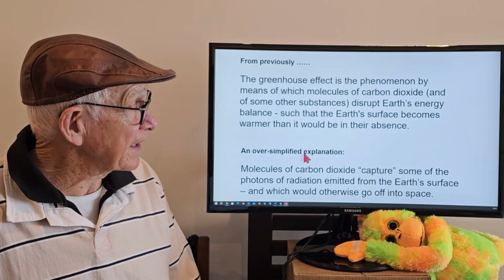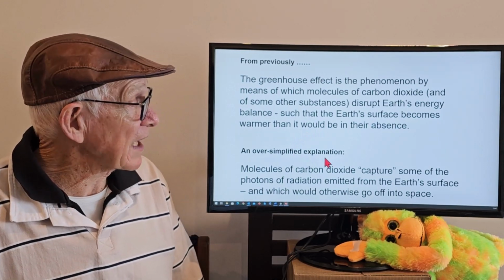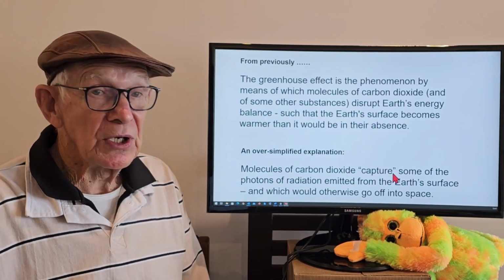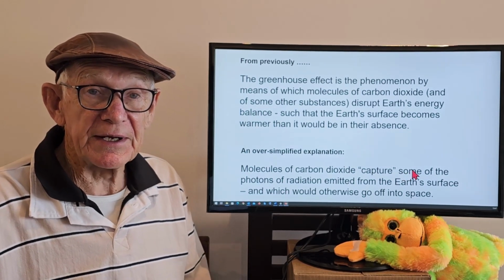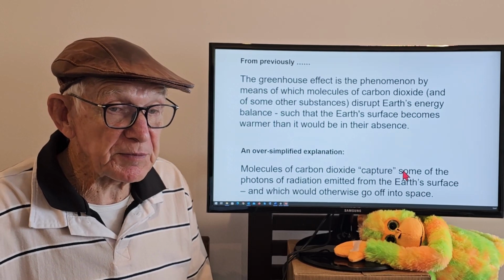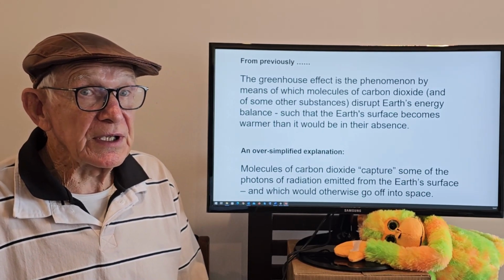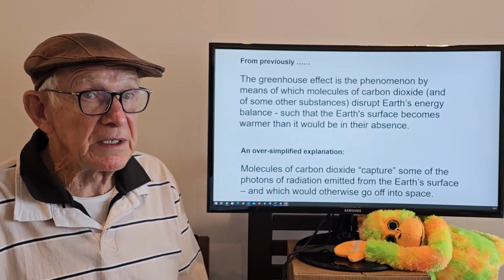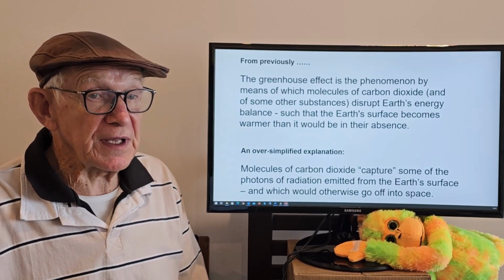The oversimplified explanation that I've given you is that molecules of carbon dioxide capture or trap some of the photons of radiation that are emitted from the Earth's surface, which would otherwise go off into space, and so the Earth is left warmer than if those molecules were allowed to proceed through the atmosphere.